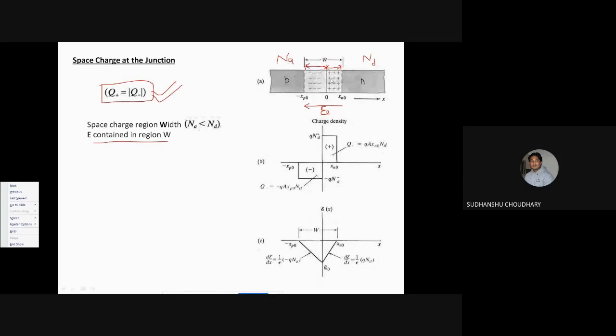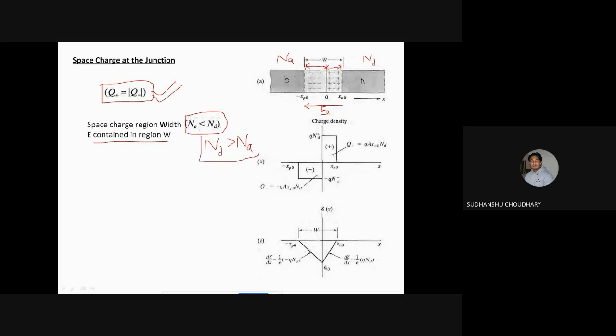In this case, the doping concentration on the n side is larger. So the doping concentration on the n side, that is the concentration of donor impurities, is larger than the concentration of acceptor impurities. Right?